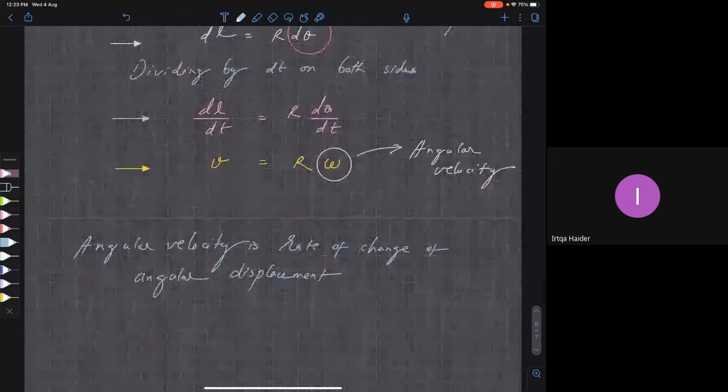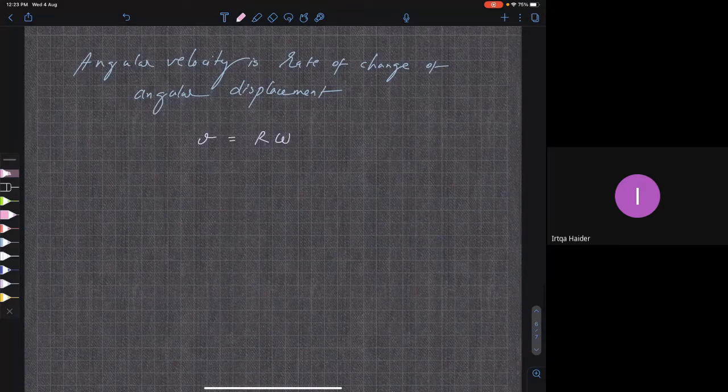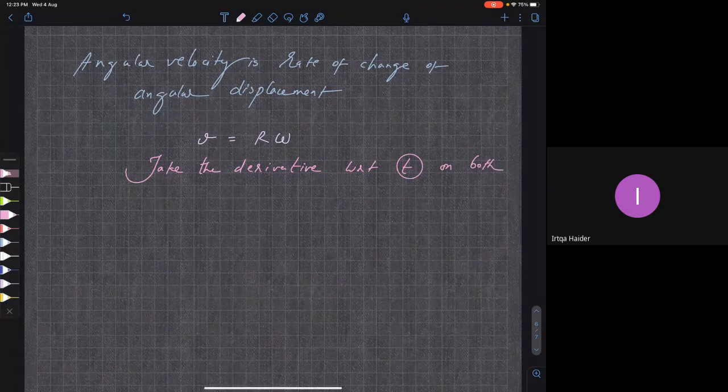Now, if I use this expression v equals r omega, and take the derivative with respect to t on both sides, what do I get?